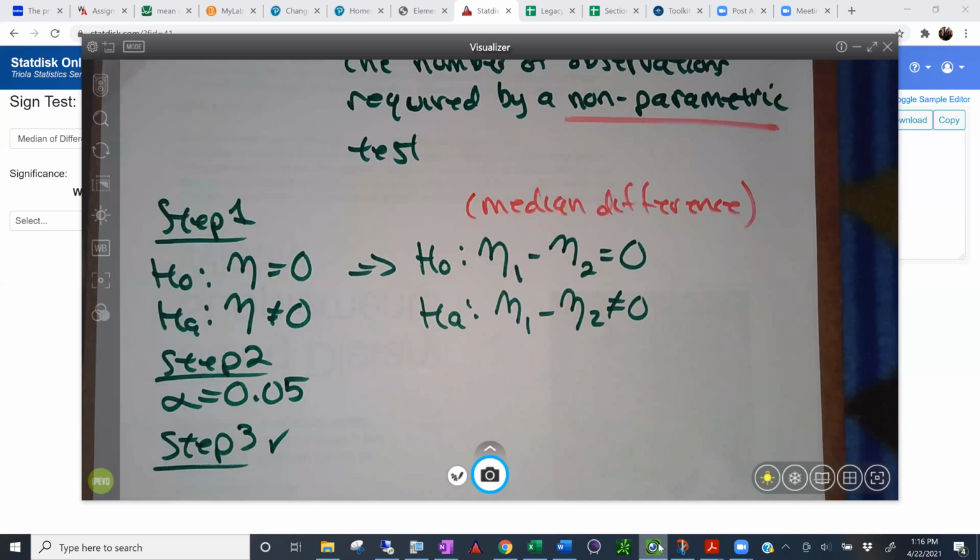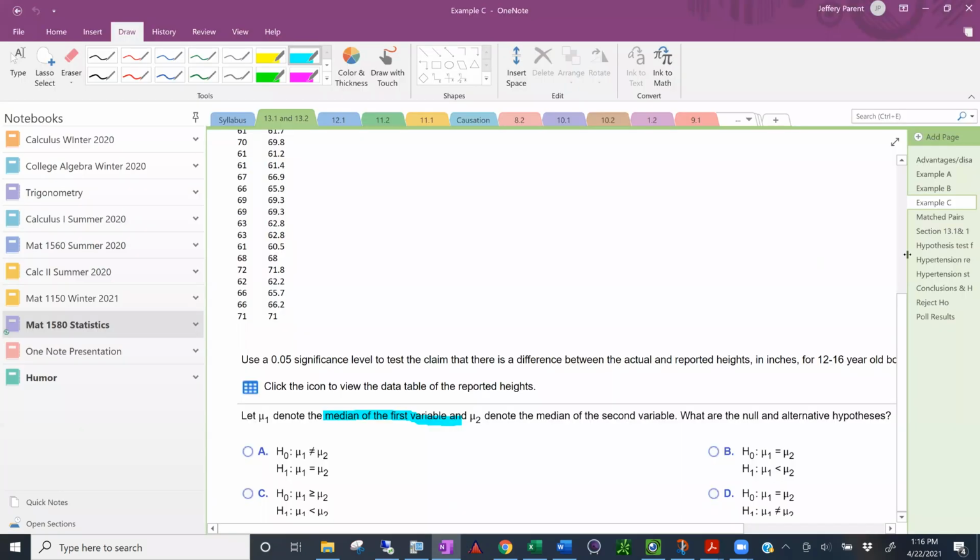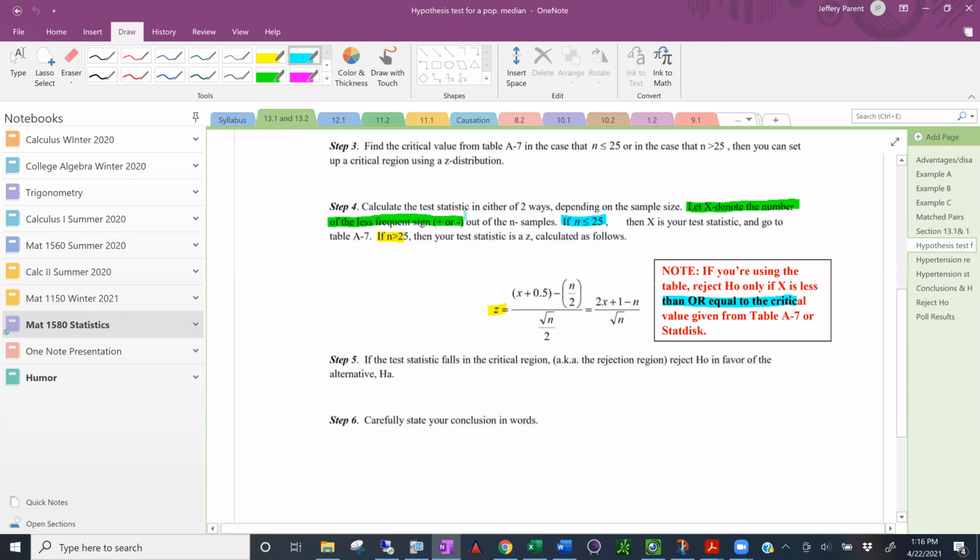Now our hypothesis test here is going to be different than it was with the previous one. With the previous one, because we had a small amount of data, we actually had to do a hypothesis test based on table A7. But if you have a larger set of data, something greater than 25, then you can do a z-test.